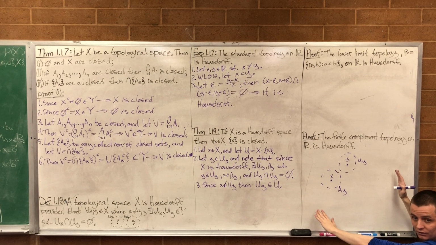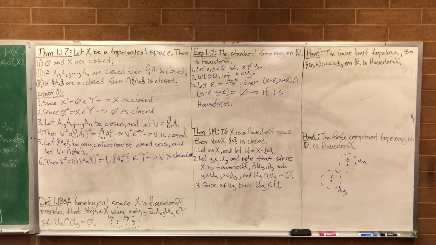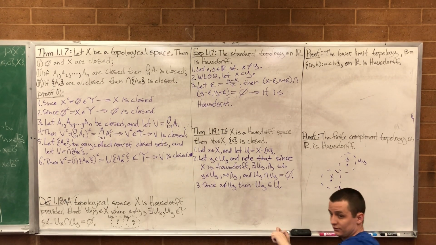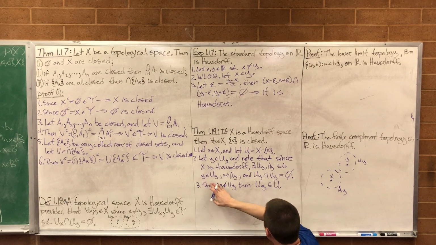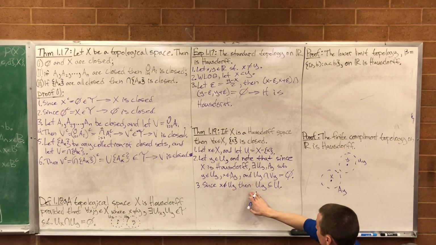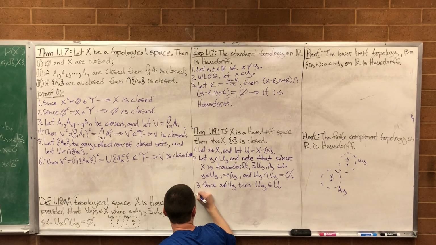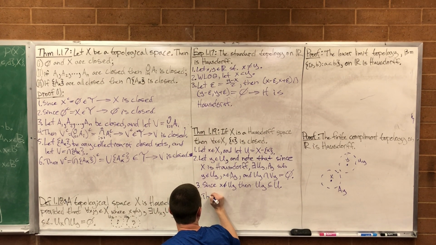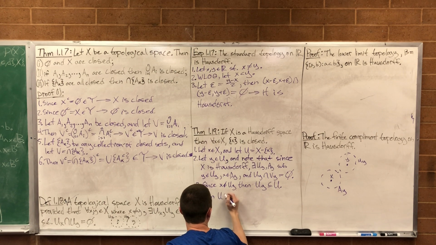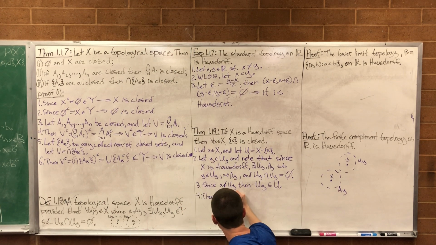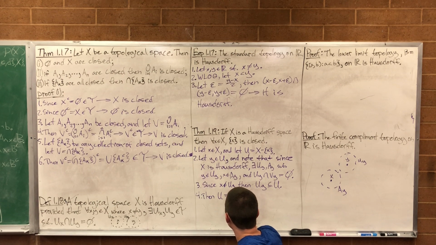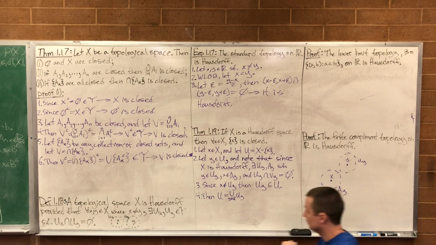Yes. Good? Okay. So since x is not in U sub y, then U sub y is a subset of U. Then U is equal to the union for all y in U of U sub y.